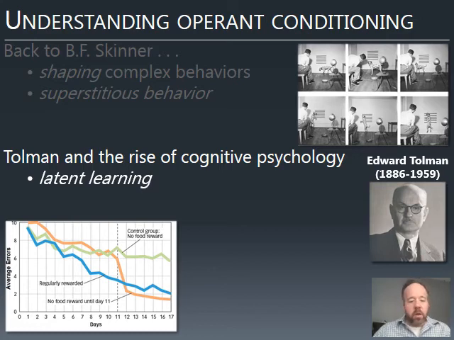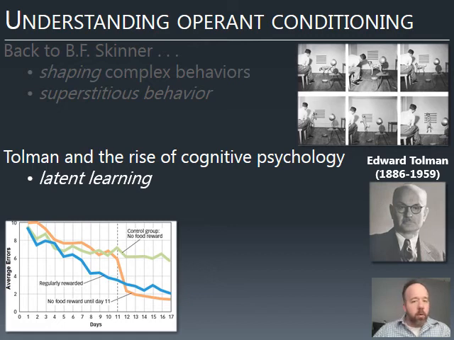And what Tolman did was he put mice in a maze and let them explore it. When they got to the end, they would be taken out of the maze. And he had a couple of groups of mice in this experiment. One group experienced exactly that. No reinforcement, no reward, just the maze. Another group was reinforced for solving the maze, for getting to the end.